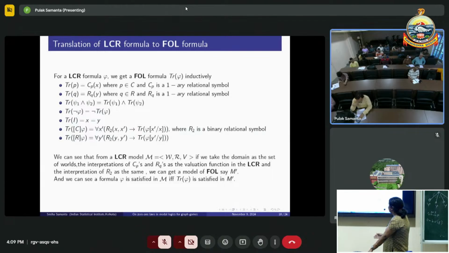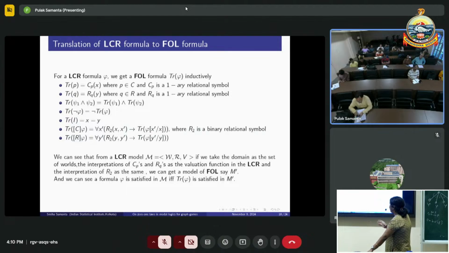a formula is valid, and the model is also translated into the usual interpretation, with the unary relational symbol as the valuation function, and the binary relational symbol as the accessibility relation.